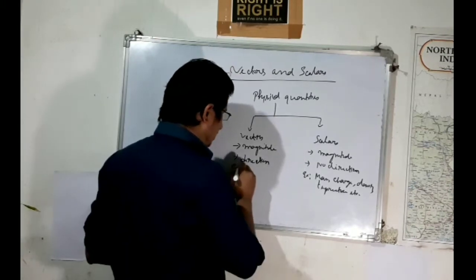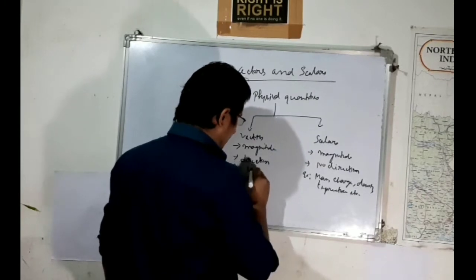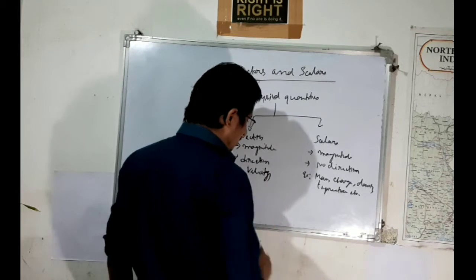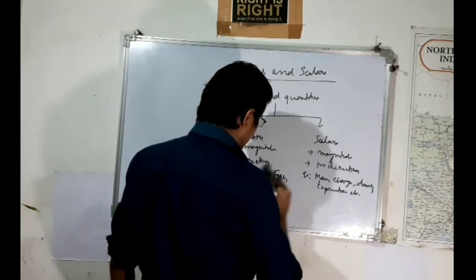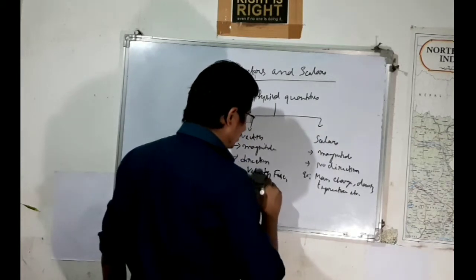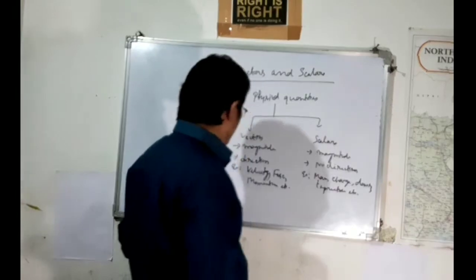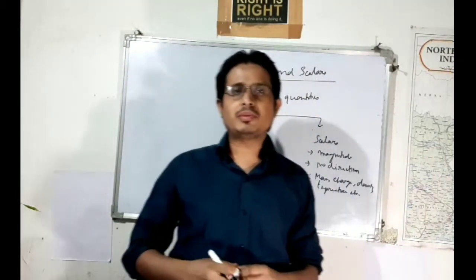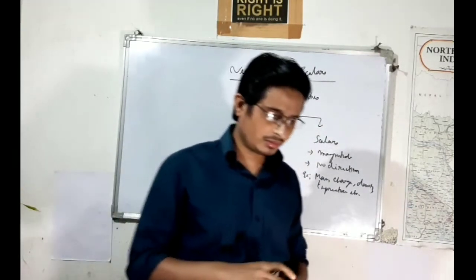Some examples of vectors are velocity, force, momentum, etc. For vectors, special kinds of mathematical operations are required for addition, subtraction, and multiplication.